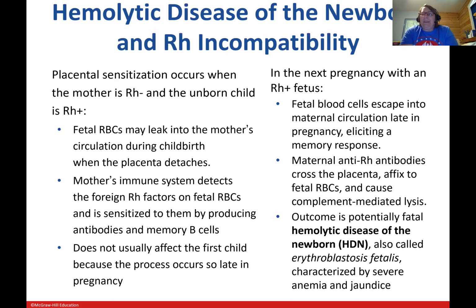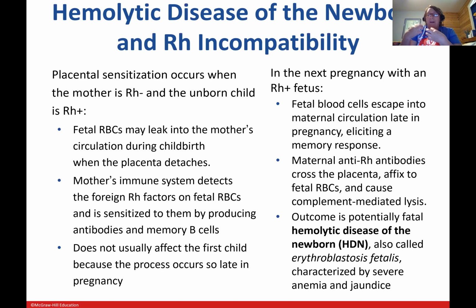So the syndrome is the hemolytic disease of the newborn, shortened to HDN, also called blue baby syndrome because all of the red blood cells have been killed off. The more formal name is erythroblastosis fetalis, and it's characterized by very severe anemia as well as jaundice because, again, the baby has produced red blood cells which have been killed, and all of that hemoglobin is still there.